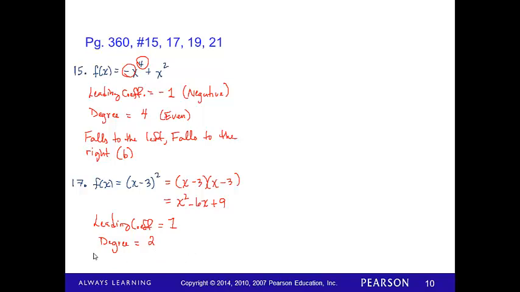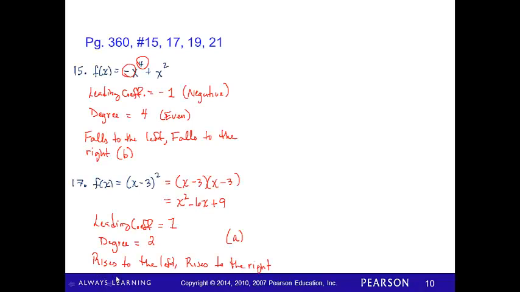So as I said on the previous slide, this rises to the left and rises to the right. So let's find a graph that rises to the left as well as rises to the right. And it would be letter A. All right, let's move over to number 19.